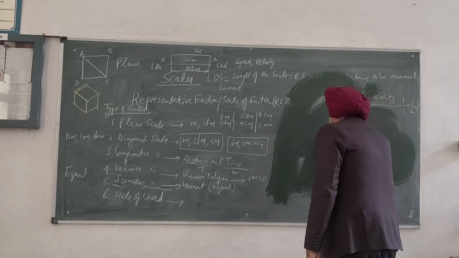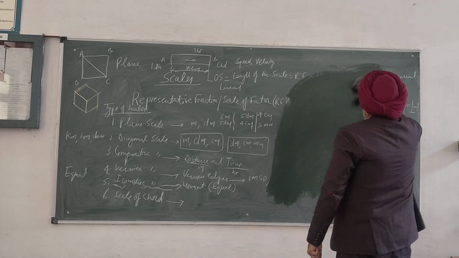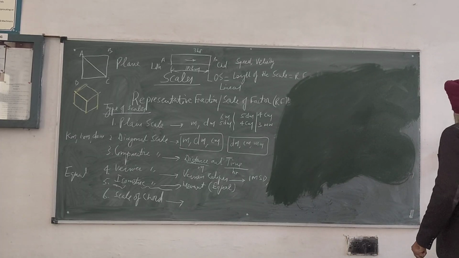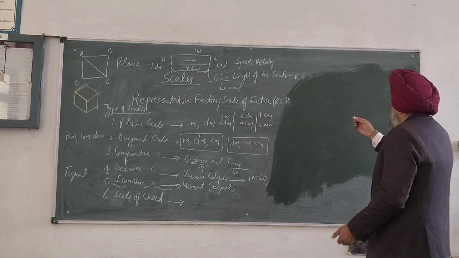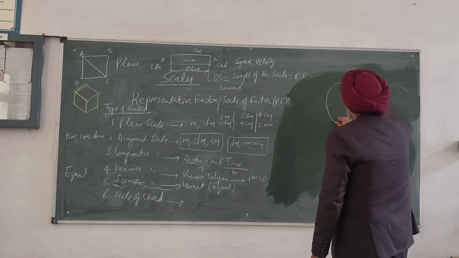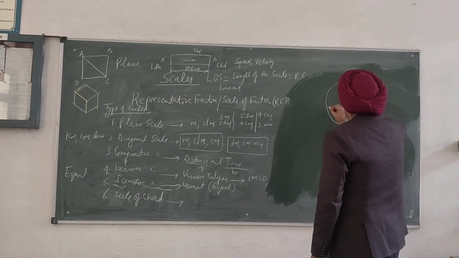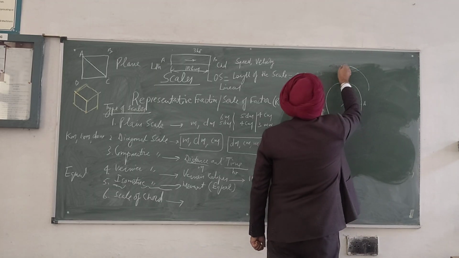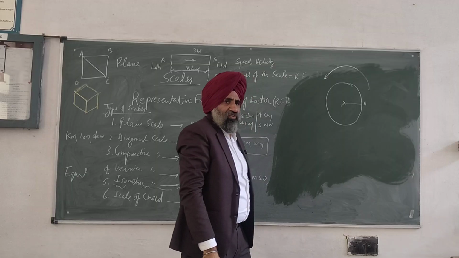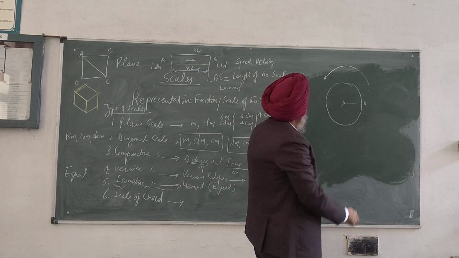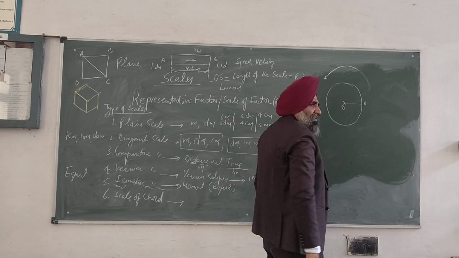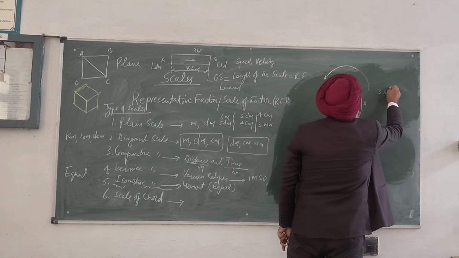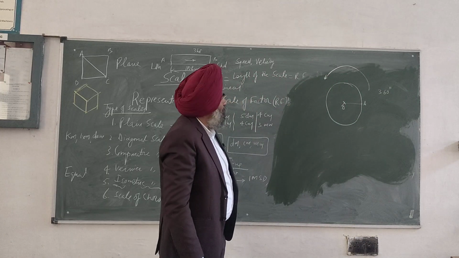I will show you one application related to that, and in detail we will discuss it in subsequent classes. So here this is a circle, and I take a point A. If you move in an anti-clockwise direction and reach point A again, you will cover a 360-degree angle. Clear? So this is the angular measurement.